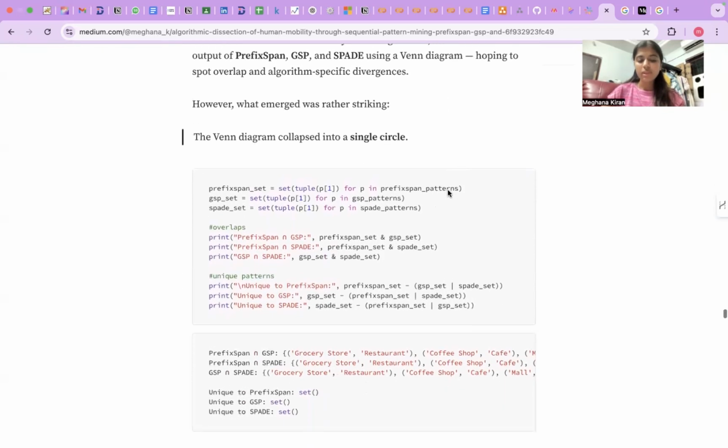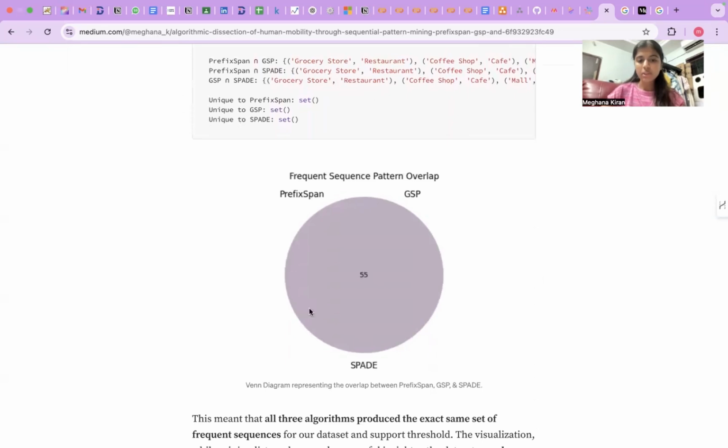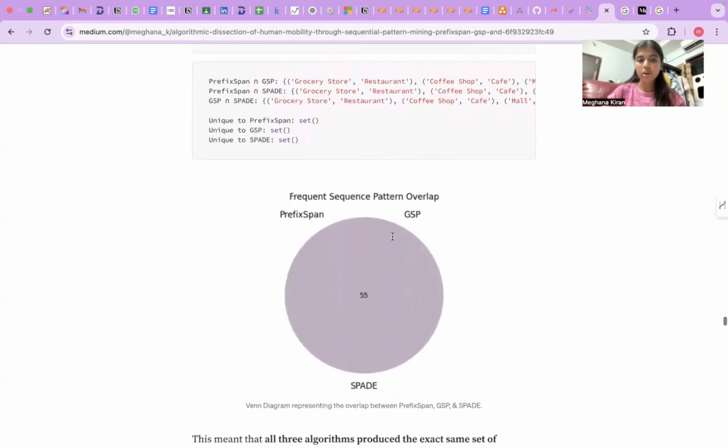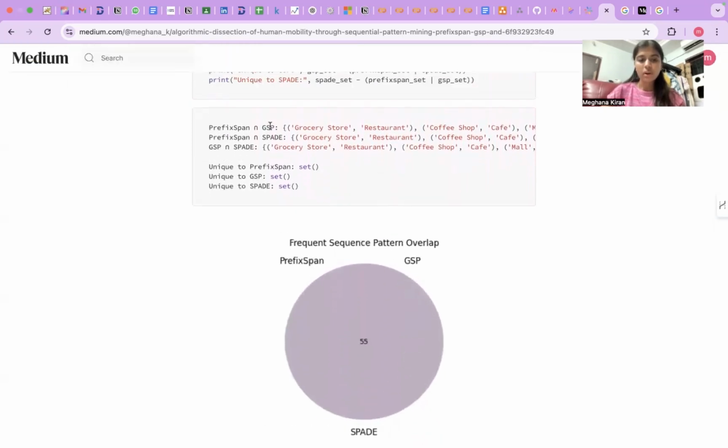And then we have the Venn diagram. As you can see, this is the Venn diagram for the overlap of PrefixSpan, GSP and SPADE. The Venn diagram has collapsed into a single circle, because all of the frequent patterns that we generated using the three algorithms are common.